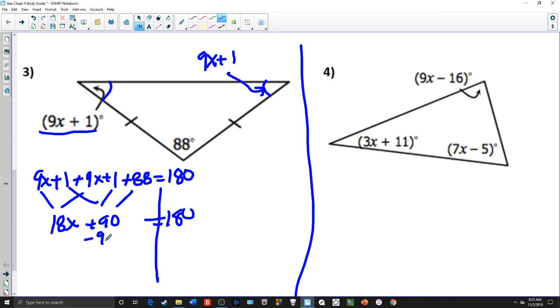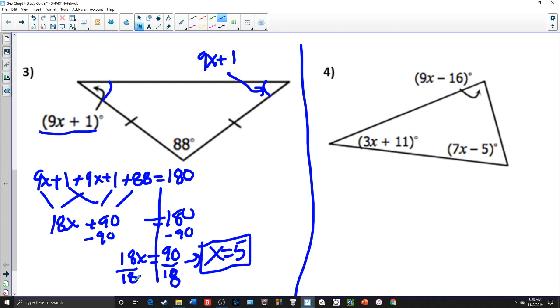We're going to subtract our 90 from both sides. We get 18x is equal to 90. And then we can divide by 18. And we end up getting x is equal to 5.